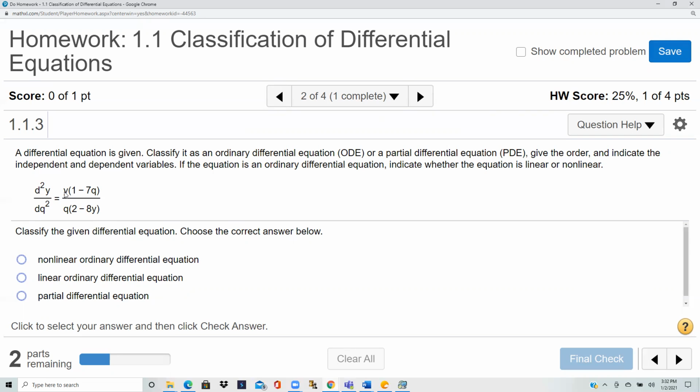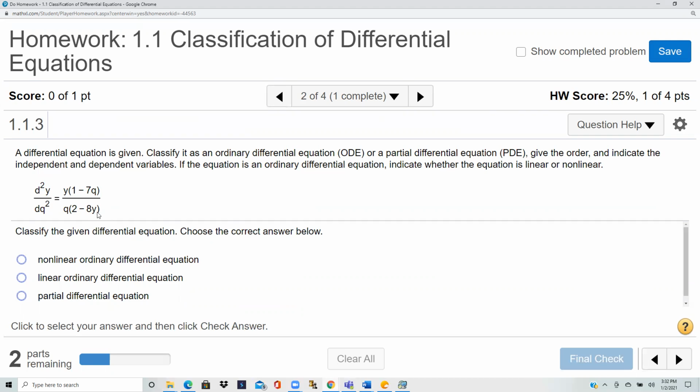So when you open this up, you get y minus 7q, and then you have a q in the bottom, and you have a y appearing in the denominator. So a y appearing in the denominator is like appearing to a power other than 0 or 1, because you can roughly think of it that if you bring this up, this will be y to the power negative 1.